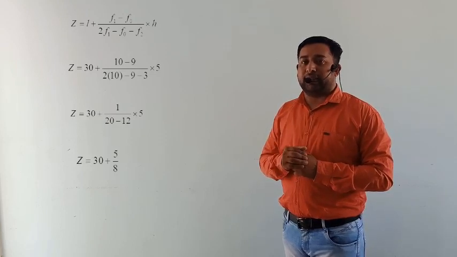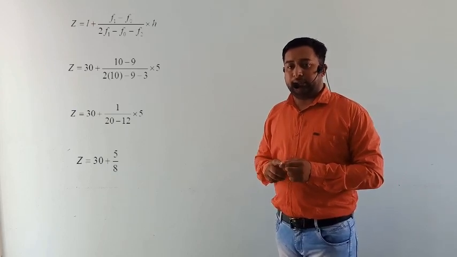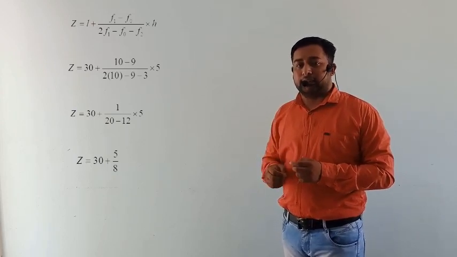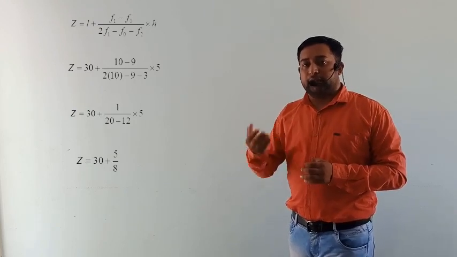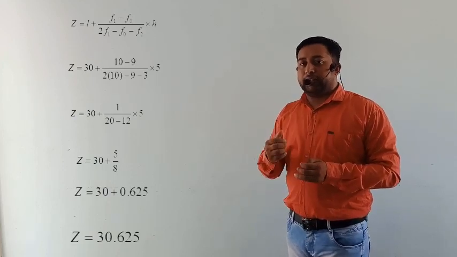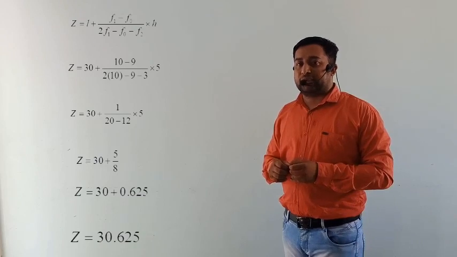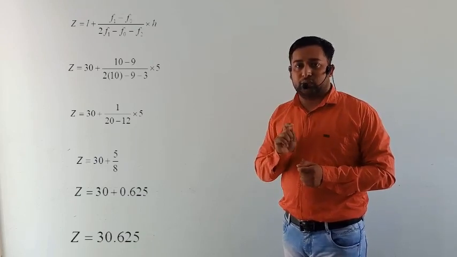In the numerator 10 minus 9 is 1. In the denominator, 2 10s are 20 and minus 9 minus 3 is minus 12. Multiplying 1 with 5 will give you 5. In the denominator 20 minus 12 is 8. 5 divided by 8 will give you 0.625.